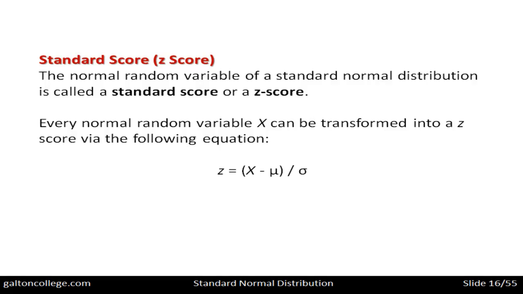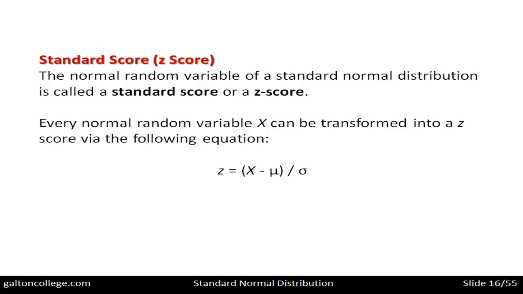We can see from the equation that z is equal to x minus mu. Mu is the population mean. So it's a particular value minus the mean, divided by the standard deviation, sigma.